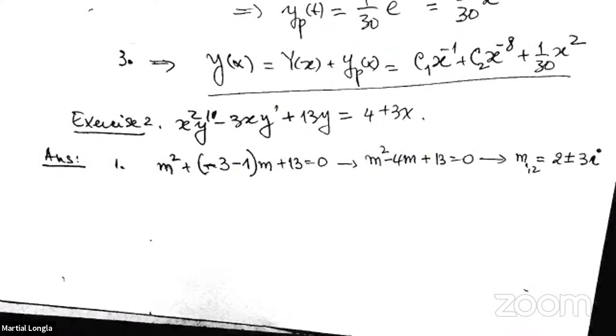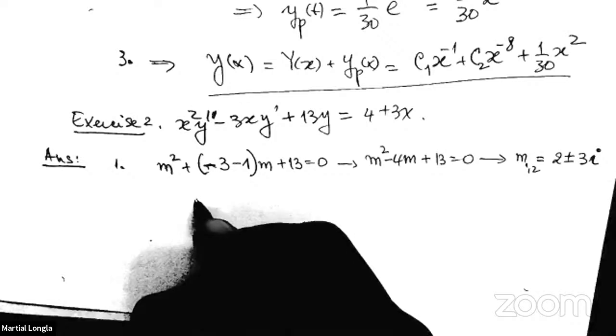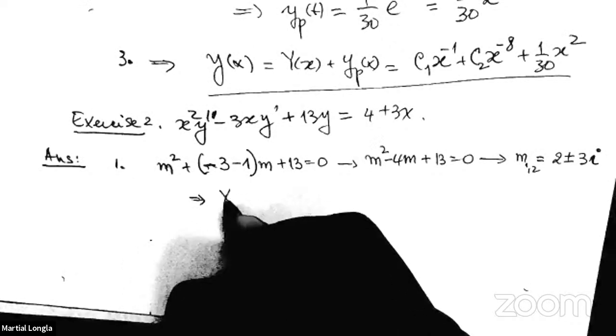Okay, so we get m1,2 is 2 plus minus 3i. So with these m's, how do you give me the capital Y of x?